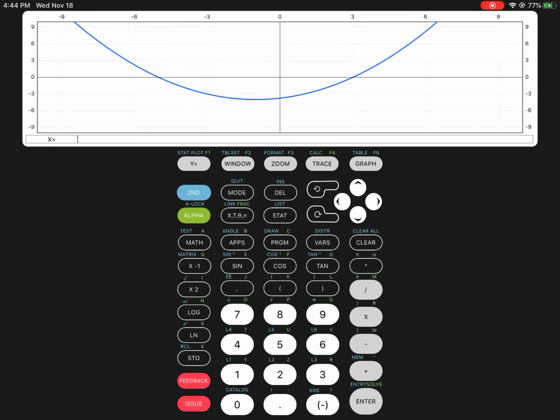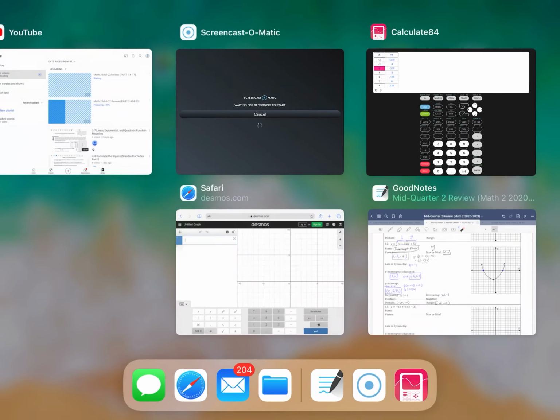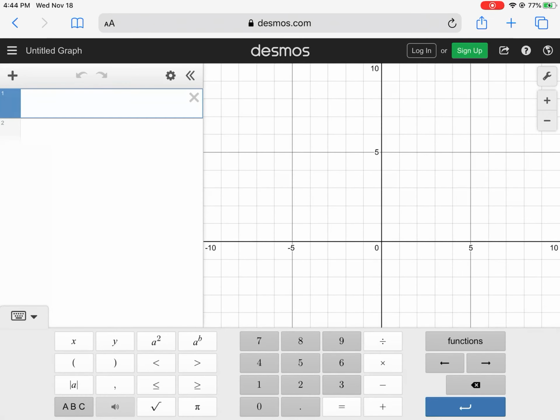And you can always graph it and kind of look at that graph and build a graph off of that. Or you could push second graph and then use this table of values and plot some of those points that make sense. So -3, -3, -1, -4, there's our vertex. So you can plot each of those points and it should help you kind of build the graph that you're looking at here. Again, if you're at home and you want to use Desmos, this is just that free online graphing calculator. You just come in here and you do the same thing.